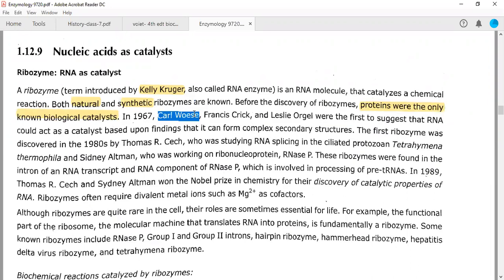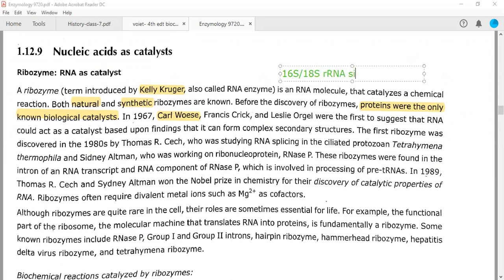If you remember Carl Woese, we have discussed him in our earlier classes. He is the man who gave the three domain system of life, based upon two types of sequences: 16S rRNA sequences and 18S rRNA sequences.